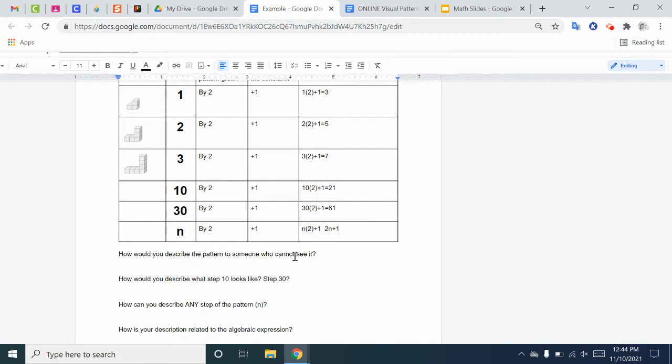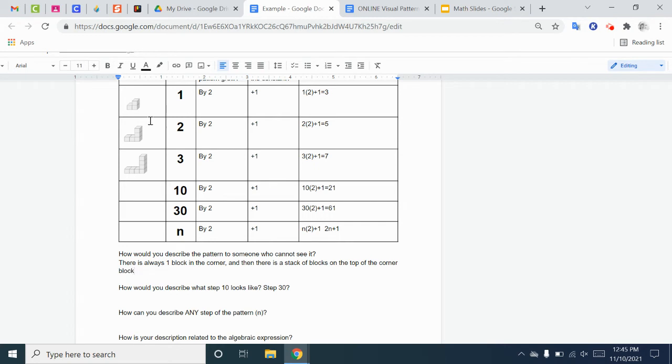So how would you describe the pattern to someone who cannot see it? I would say there is always one block in the corner, and then there is a stack of blocks on top of the corner block, and a row of blocks to the left of the corner block.